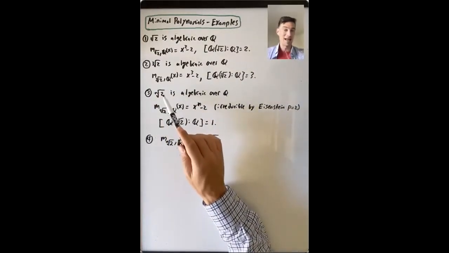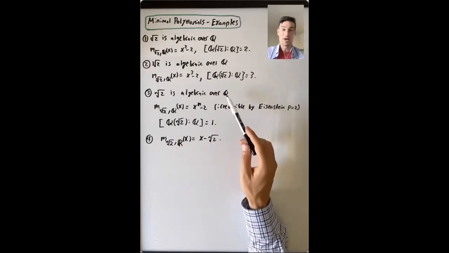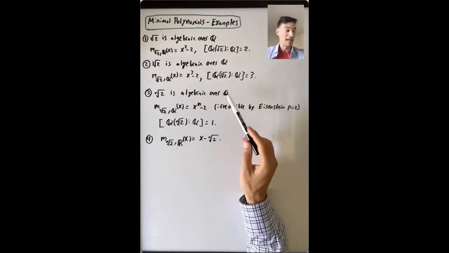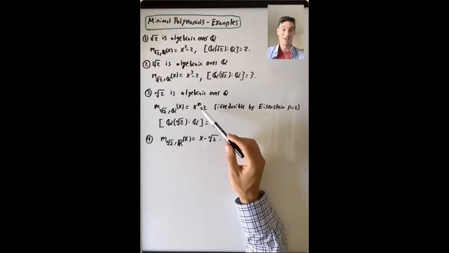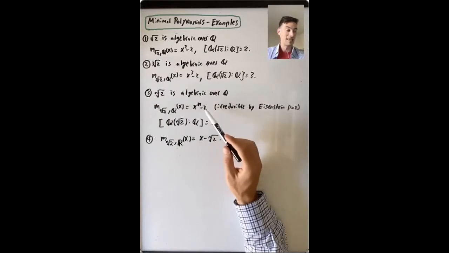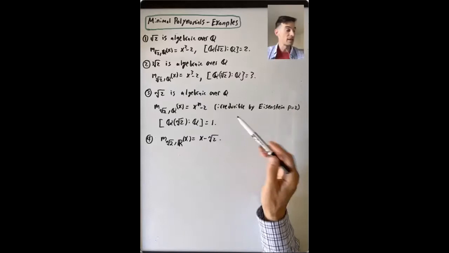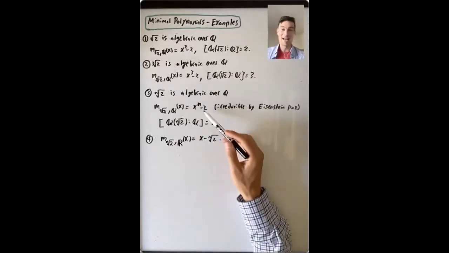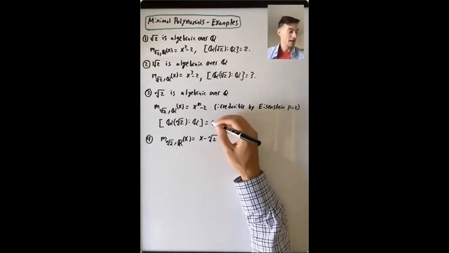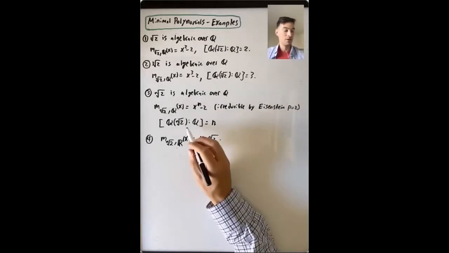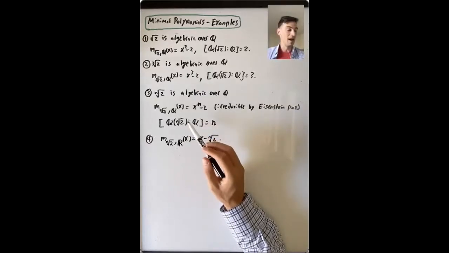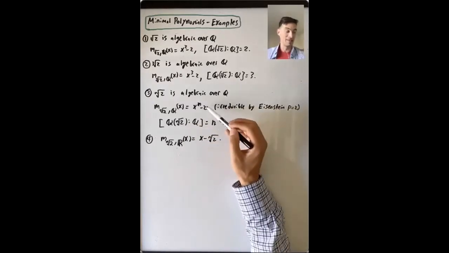The positive real nth root of 2 is algebraic over Q. It's a root of the monic irreducible polynomial x to the n minus 2. How do we know that that's actually irreducible in Q[x]? Well, Eisenstein at p equals 2 tells you that this is irreducible. So that means that the degree of the field generated by the nth root of 2 over Q is n, the degree of this polynomial.